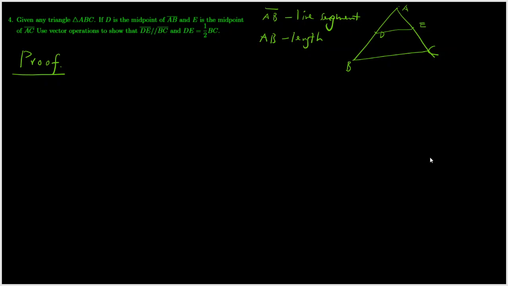Okay. Now let's make some connection first. I give you two vectors. You tell me the relation. One vector I need is the vector BA, the vector with initial point of B and terminal point of A. And the other vector is the vector DA.